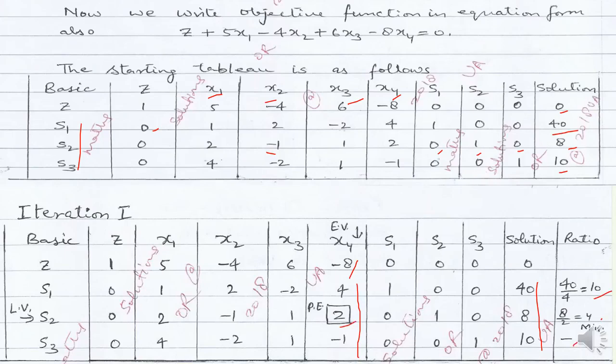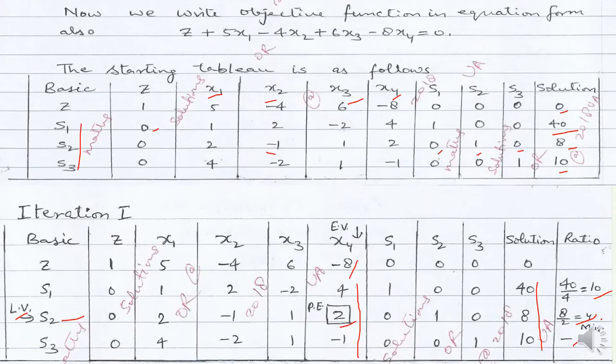If it is infinity or negative, we neglect it. So our minimum is 4 here, and this 4 corresponds to S2, so our leaving variable is S2. So in the next table X4 will enter and S2 will leave.